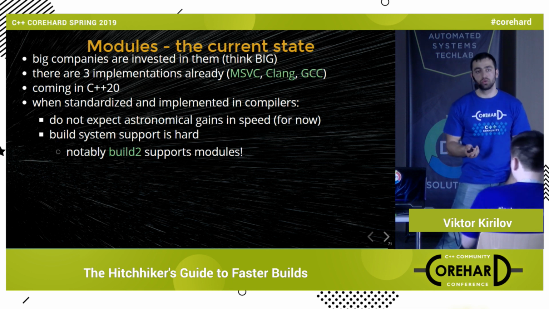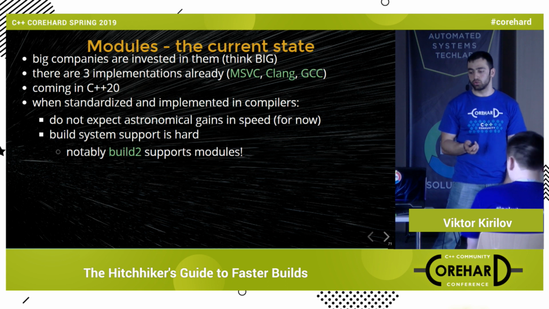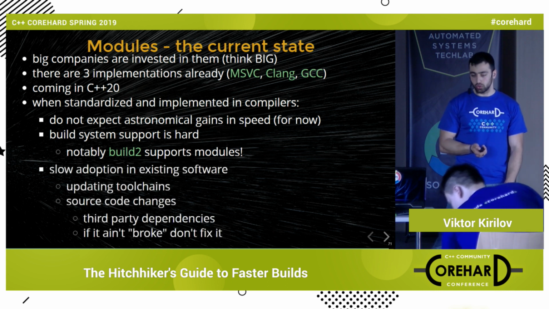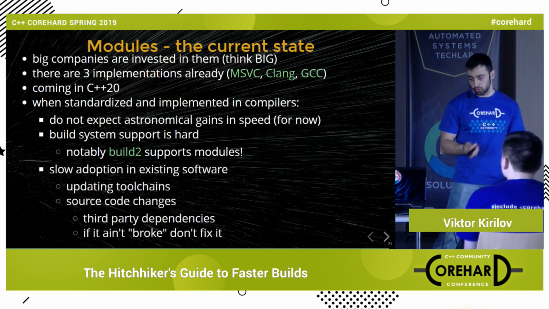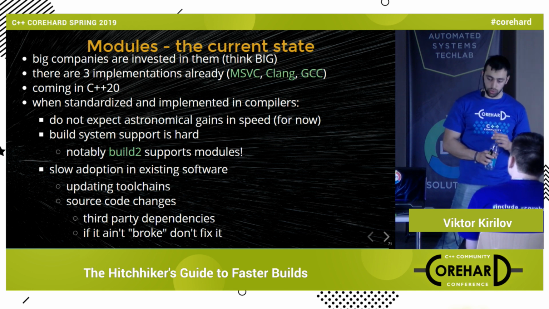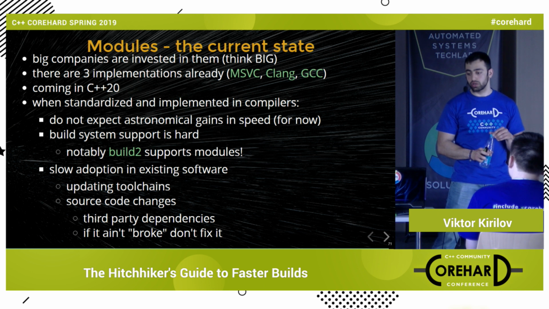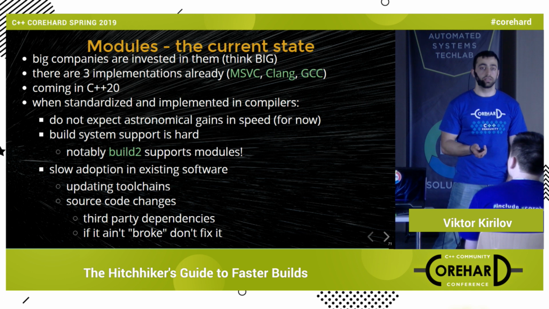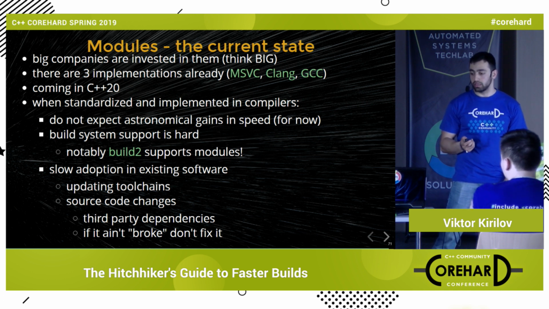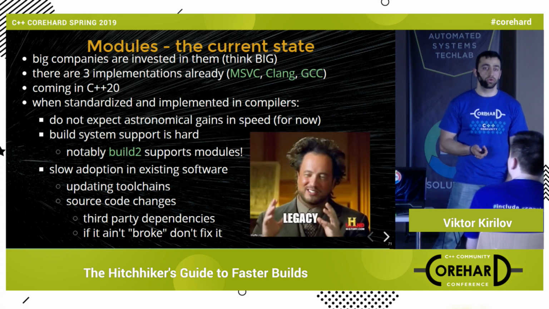And currently only build2 as a build system supports modules. And also, even if all of our toolchains supported modules in a standard and uniform way, we would still have to update to those toolchains, and then we would have to change our source code a bit, and then we'll have to rely on our third parties to actually make use of modules. And I guess you've heard, if it ain't broke, don't fix it.